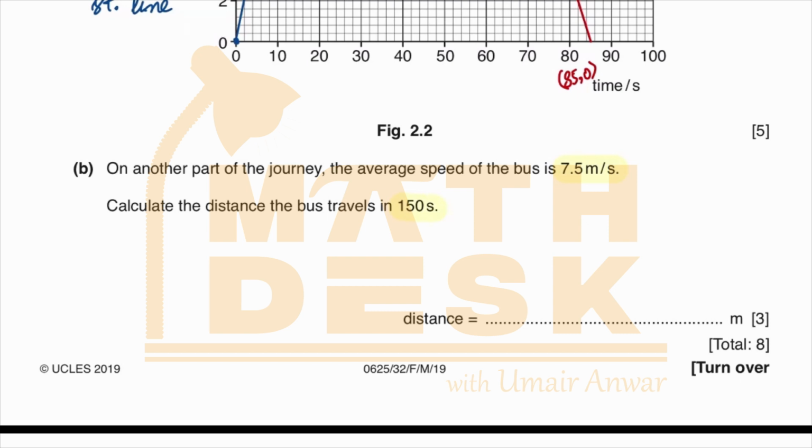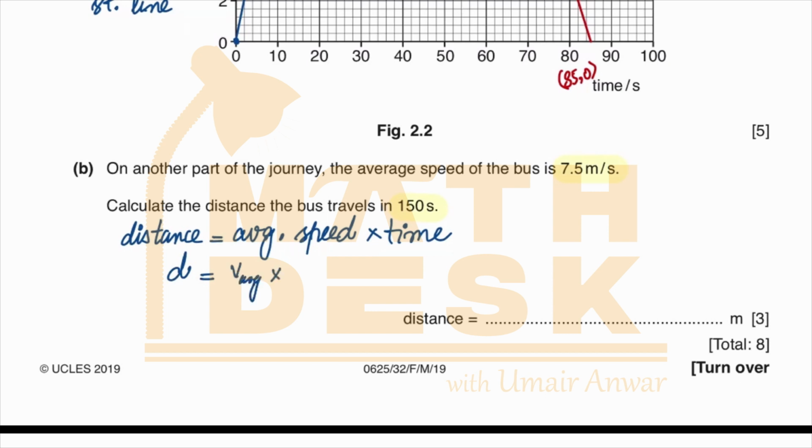Now, distance is equal to average speed multiplied by time. If I want to write it in symbols, I could write it as D is equal to V average multiplied by time.